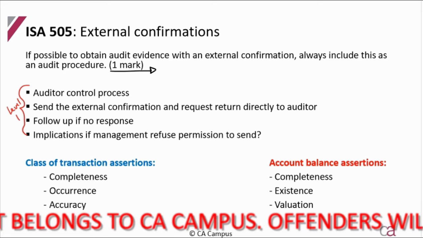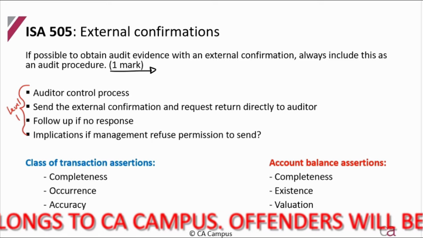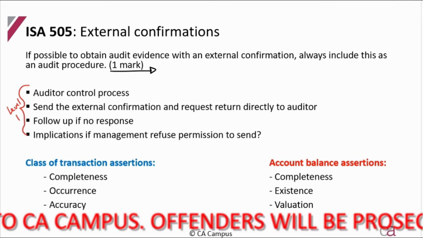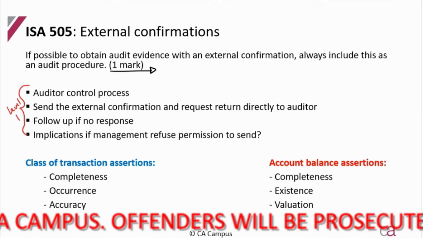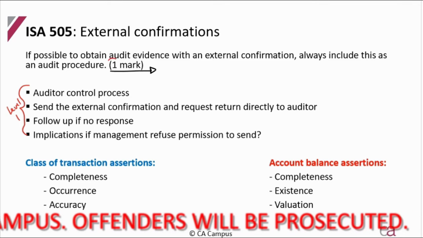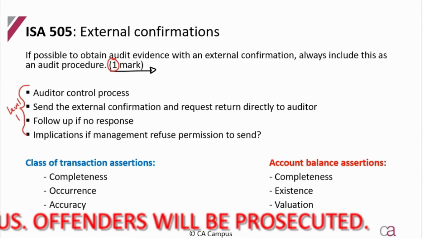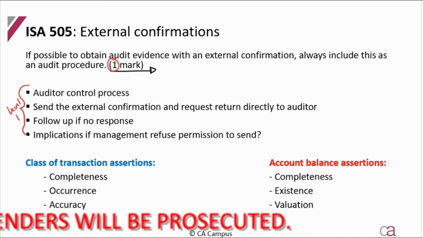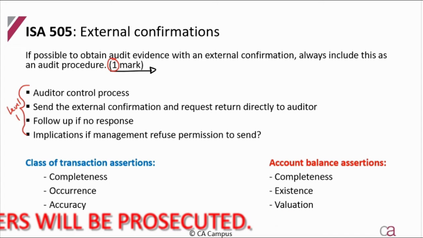But then the requirement needs to be specific about auditing the external confirmation process. If it's not specific about that, then just put your 1 mark saying obtain an external confirmation for that balance or transaction.